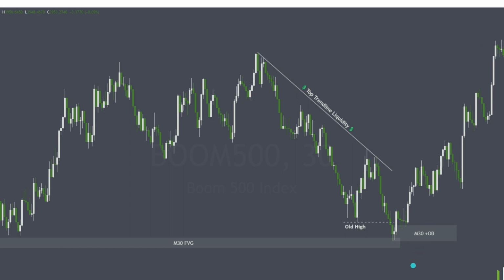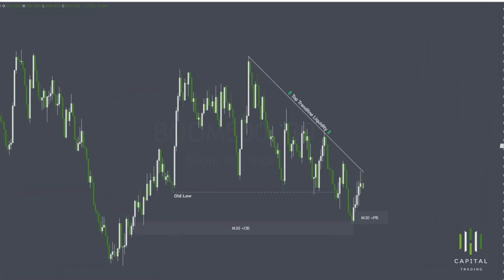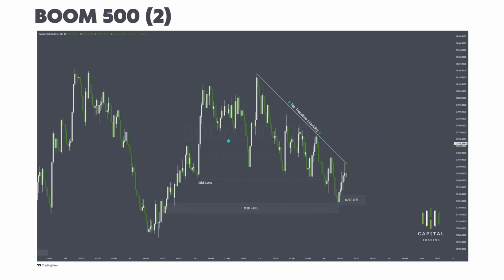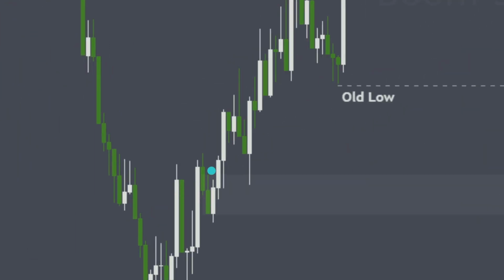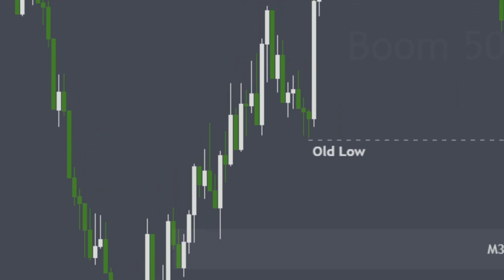Now let's look at our second chart. We had price going to the upside, but when it was going to the upside, we had this M30 order block being formed, and price did utilize that, but we don't care about this one for now.